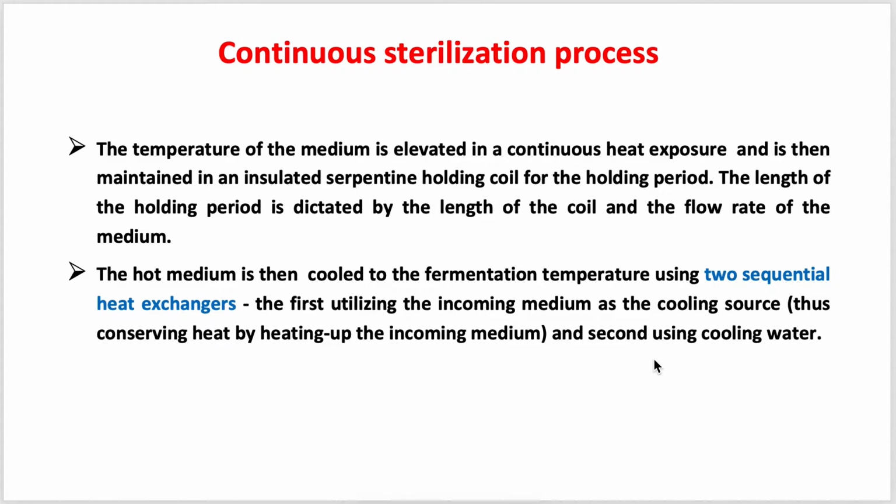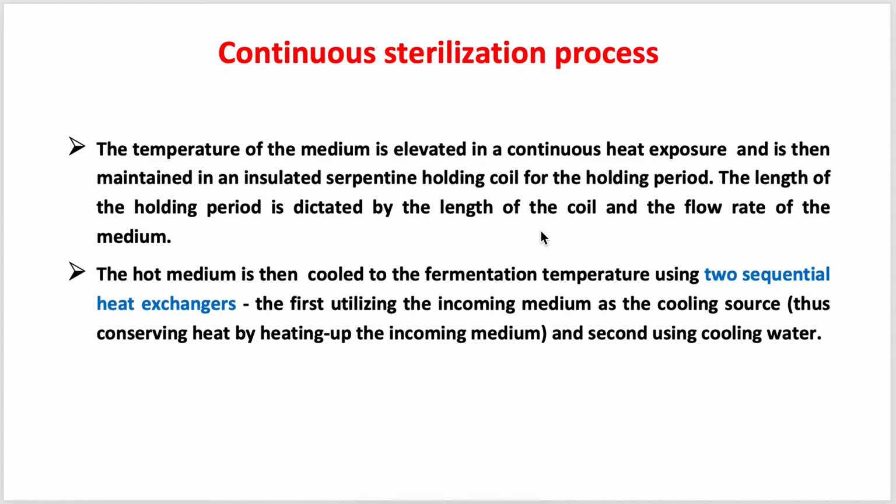Whatever the process is, batch or continuous, we have to heat first, increase the temperature of the media, then we have to decrease it, that means we have to cool it, right? In the continuous sterilization process, the increase of the temperature of the media is done by continuously exposing the media to a heat source.